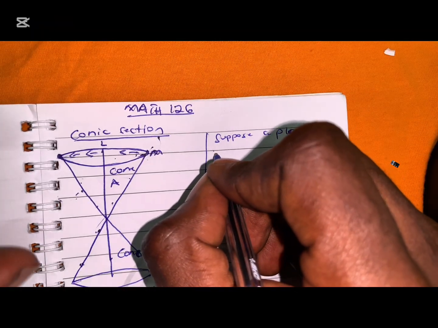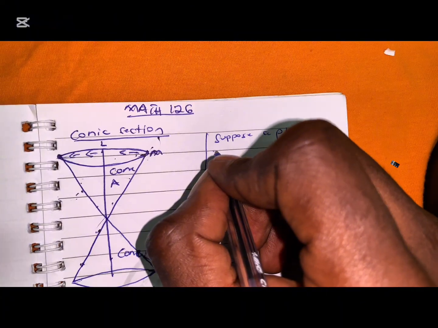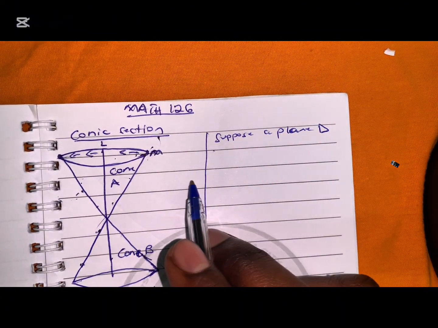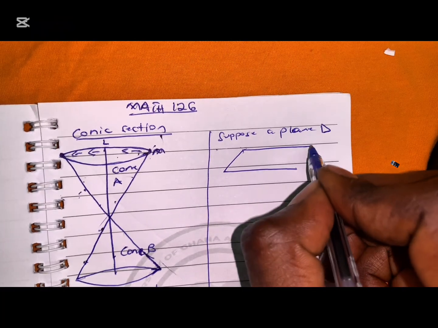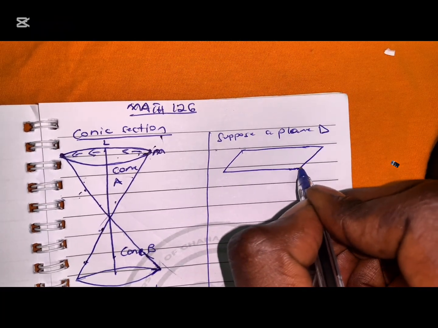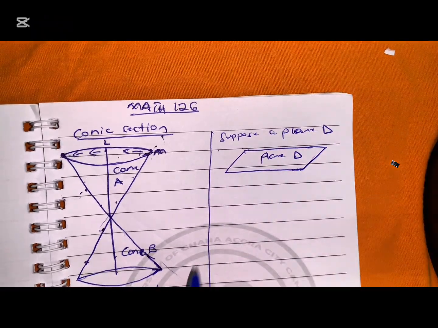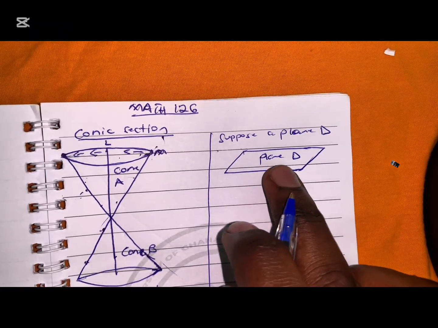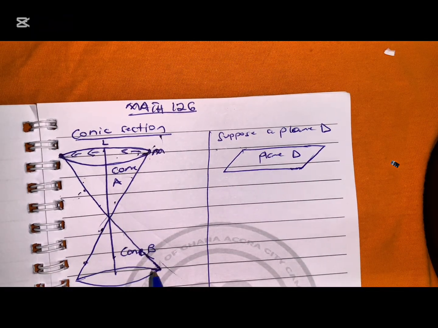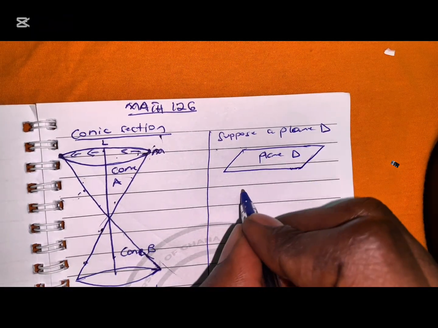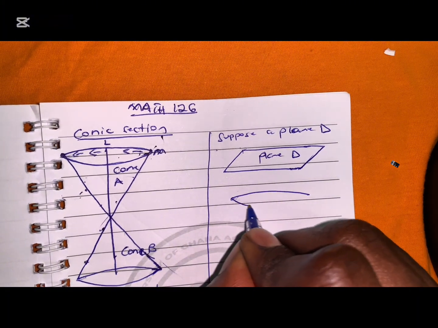We are going to cut the cones with this plane, hence the plane forming an intersection with a cone. So this is plane D, right? Now I'm going to use plane D to work on cone A, on the double napped cone. So now, this is my perfectly drawn cone.